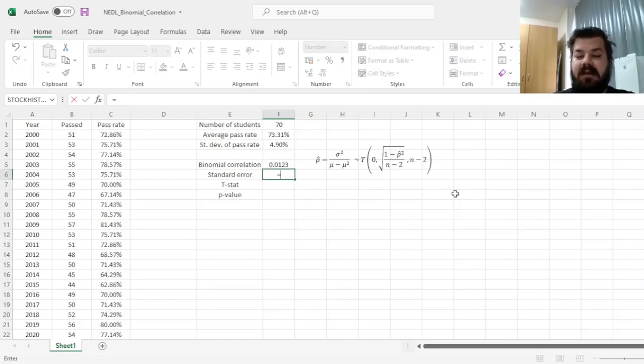calculate the standard error of our estimator using the square root and then a ratio of 1 minus correlation squared in the numerator and n minus 2 in the denominator.